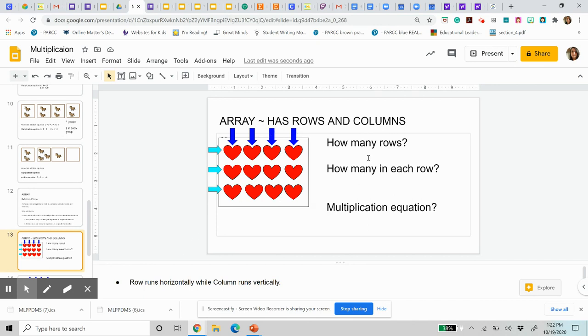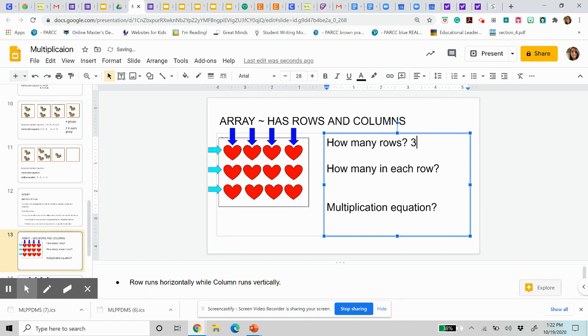If I ask you, how many rows are there? There's 1 row, 2 rows, 3 rows. So there are 3 rows. And how many are in each row? 1, 2, 3, 4. There are 4 in each row. So what would be my multiplication equation?